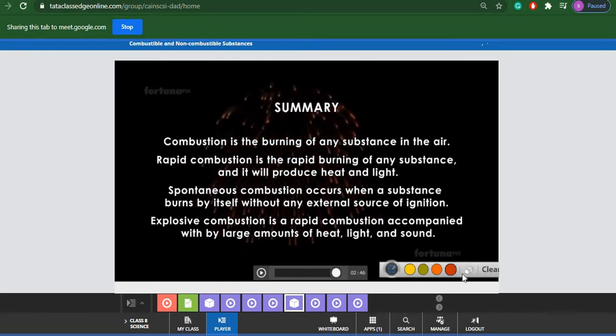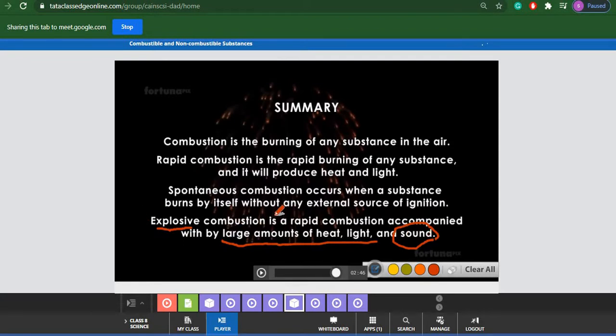Now here you can see the basic difference between rapid combustion and explosive. Explosive is a part of rapid combustion, but the difference is that it produces a large amount of heat, light, as well as another new term here, sound also.